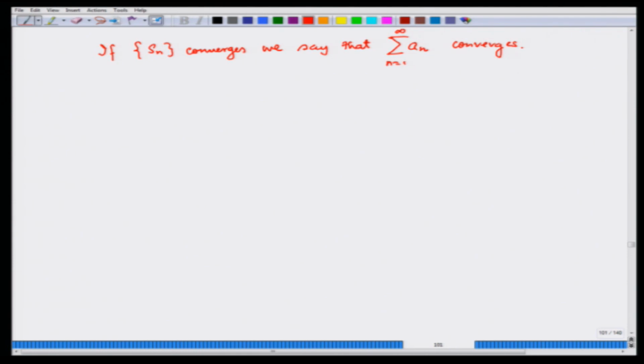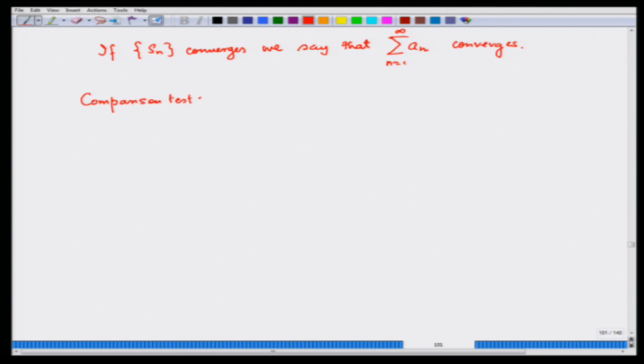In both cases, this series does not have a sum, or it diverges. So, it is important to understand that there must be ways to easily determine whether this summation has a sum or not, or whether it converges or not. So, first, one of the easiest tests is called the comparison test.